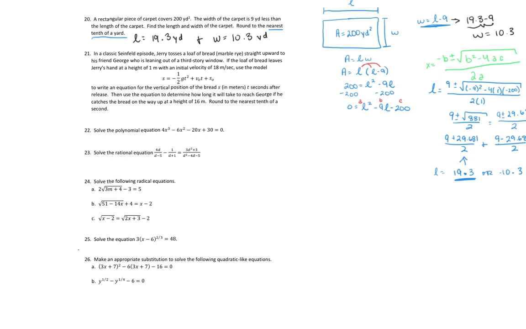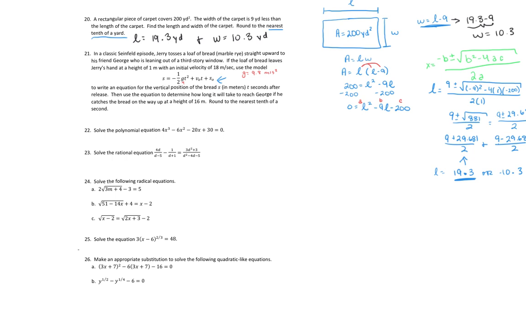So, it's a lot of words for one problem, but the essential idea is that you are given this equation here, and you are given some numbers, and you can technically find the vertical position s at a time t of this bread, correct? So, let's start off by talking about what each of these variables are. So g, in terms of this problem, is just gravity, which we know is 9.8 meters per second squared.